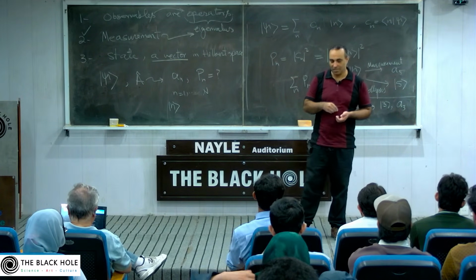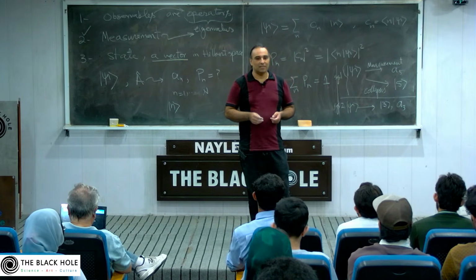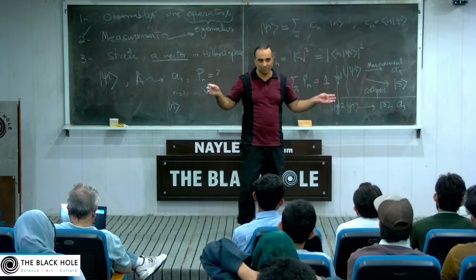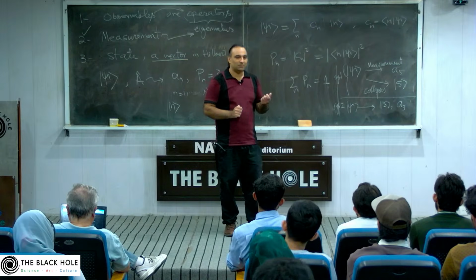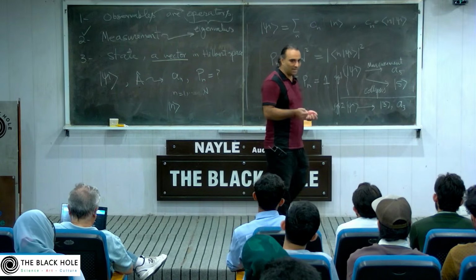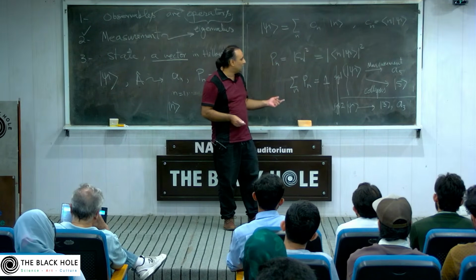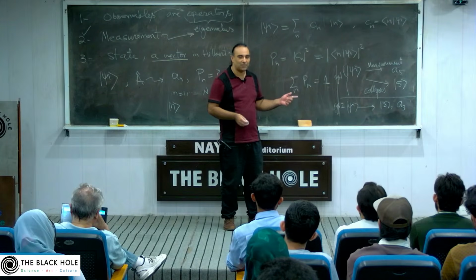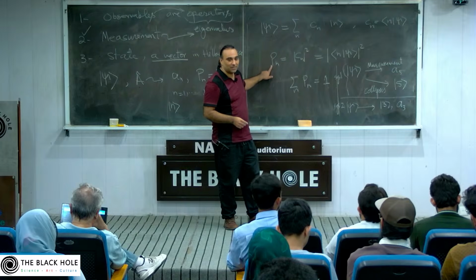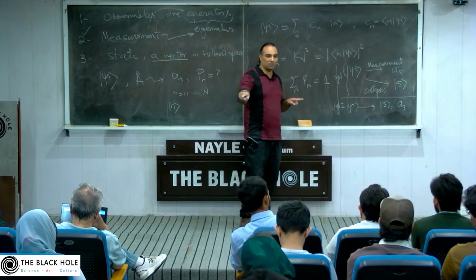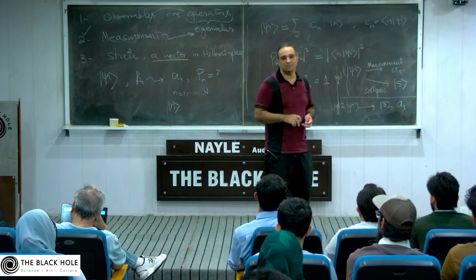You keep track of how many times you get which eigenvalue, and after a large number of measurements, you can use that data to compute these probabilities. These probabilities will basically be normalized frequencies of those outcomes. So this theoretical expression corresponds to that experimental probability distribution.